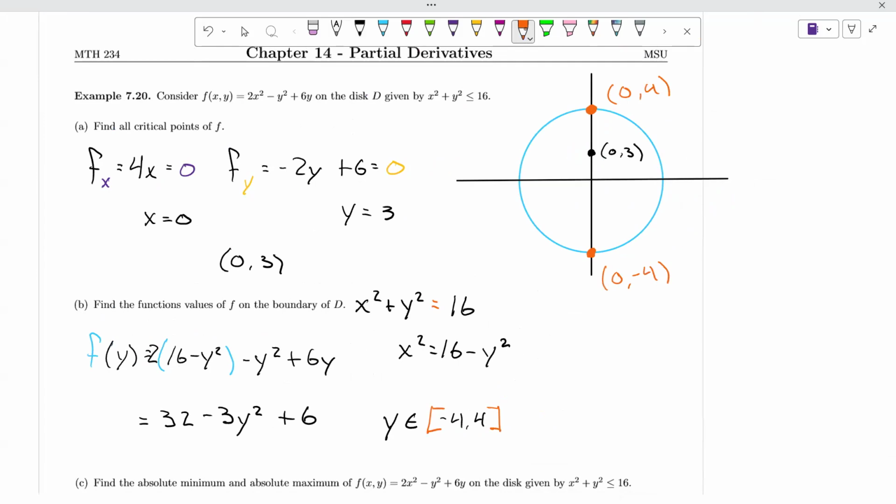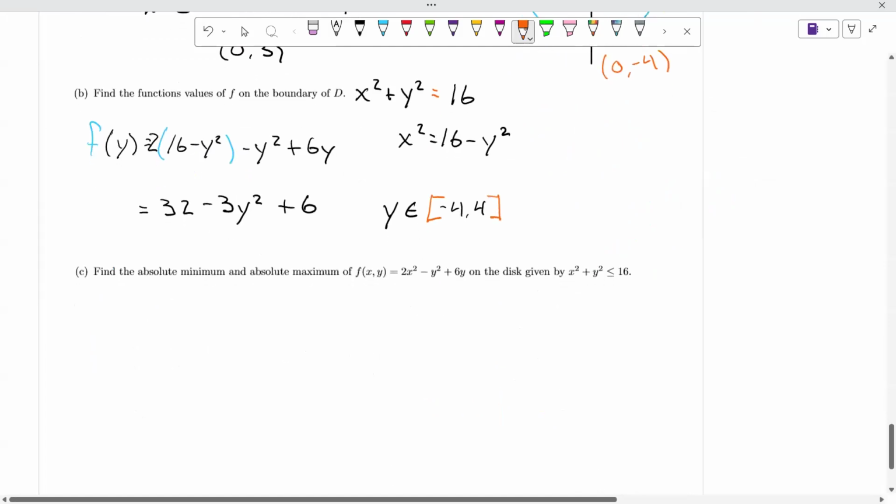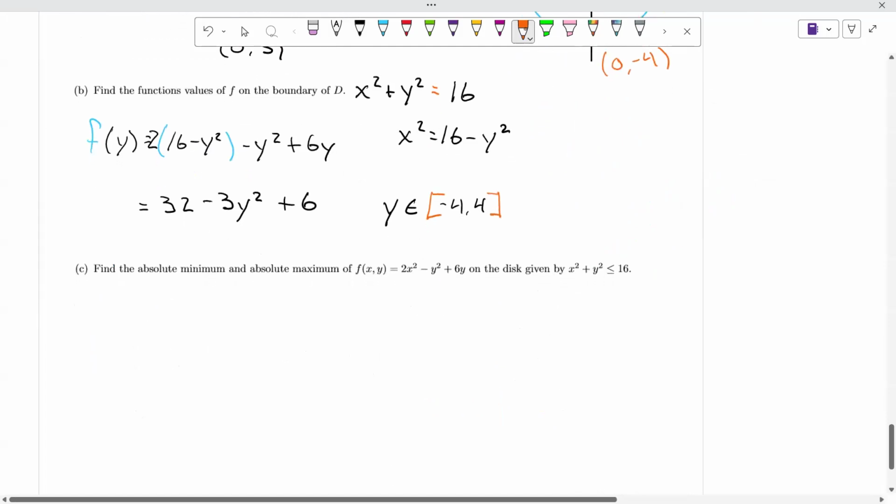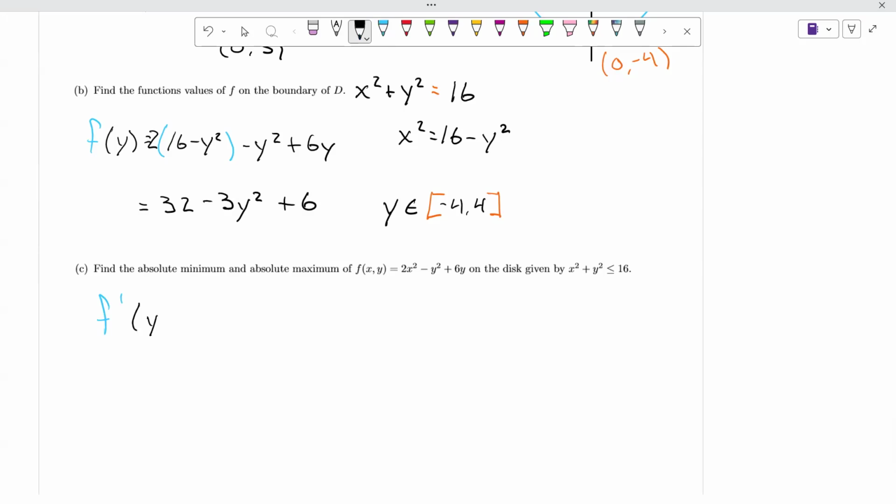Because I was able to completely parameterize my boundary curve with just the y variable, I don't need to check the left or the right endpoints of the circle. I could anyway, just to be safe, but I won't need to. But now that I've got the boundary curve, I can go take its derivative. F prime of y is -6y plus 6.